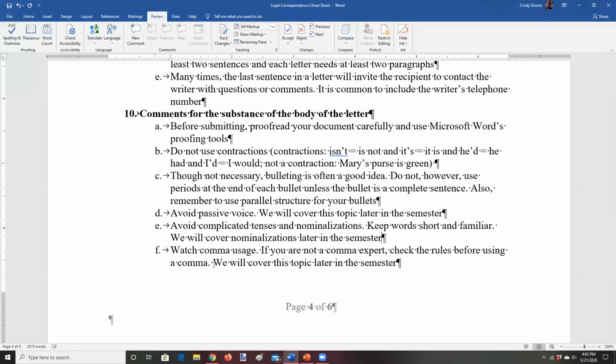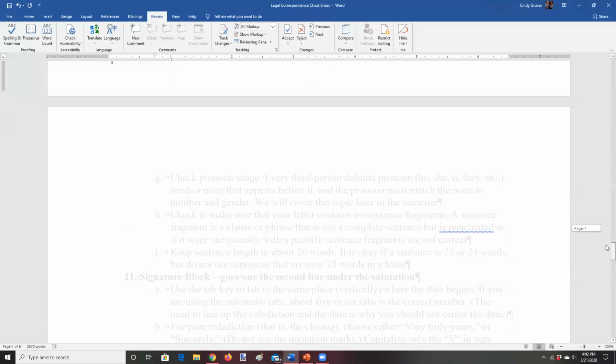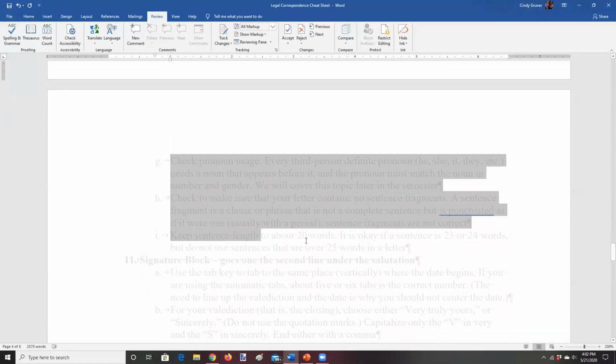And once you get those under your hat, you'll be in good shape and you don't have to worry about commas because you'll know where they go and you won't really even have to think about it. But if you don't know where they go now, give yourself some time and some patience to learn where all those go. We'll be covering it as we go forward in this semester. So something to look forward to or dread, depending upon your comma enthusiasm.